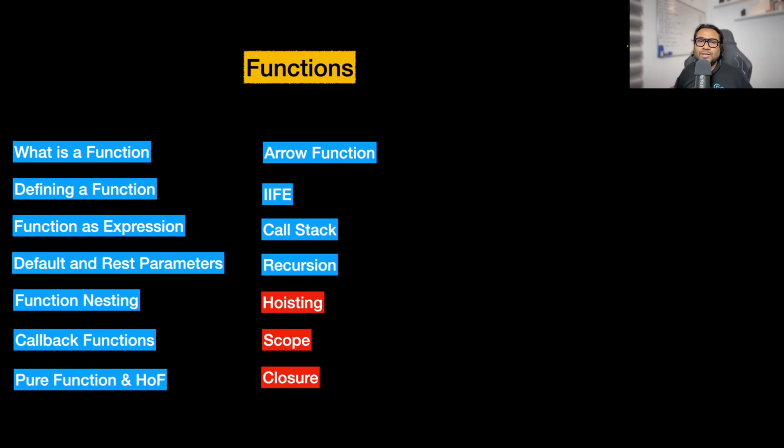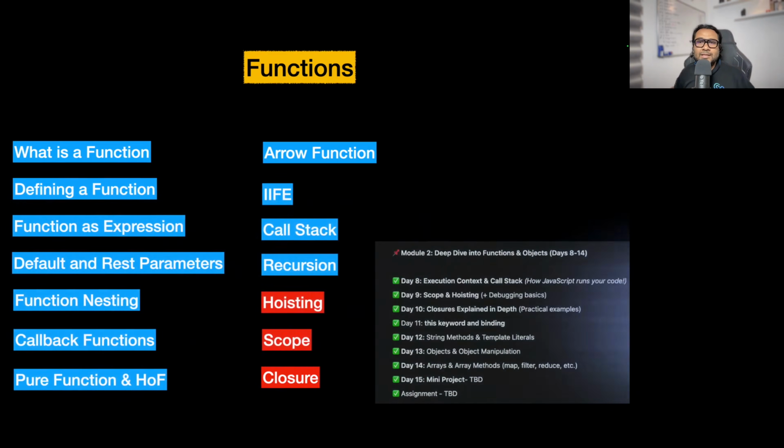If you look into our session list for 40 days in the progress tracker that I have shared with you, it is conveyed that in the next module that we are going to start soon, the first 4 videos will cover execution context, scope and hoisting, closure, and also the this keyword. So we'll be utilizing everything that you learn in this video in the following modules in day 8, 9, 10, and 11. So don't skip anything from this video, any of the fundamentals, because it's going to be very useful for you. So why wait? Let's get started.